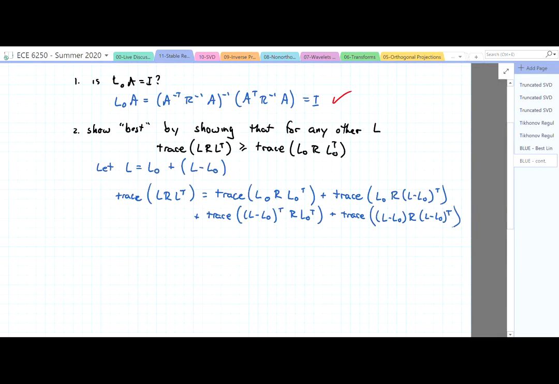Okay, so where did all that come from? I think that's not supposed to have a transpose there. There we go. That came from just multiplying this term out, the L R L transpose, where L is defined as that quantity there.